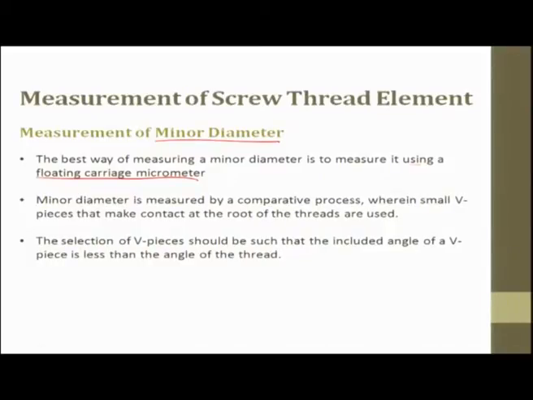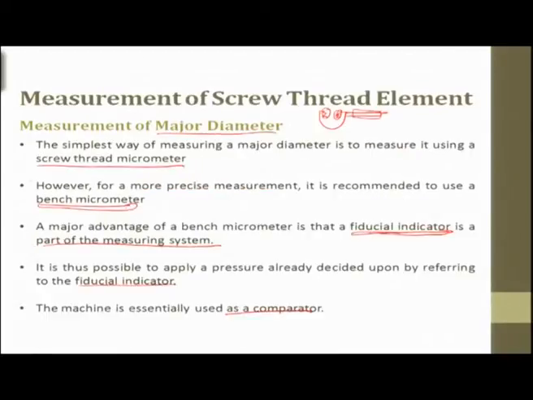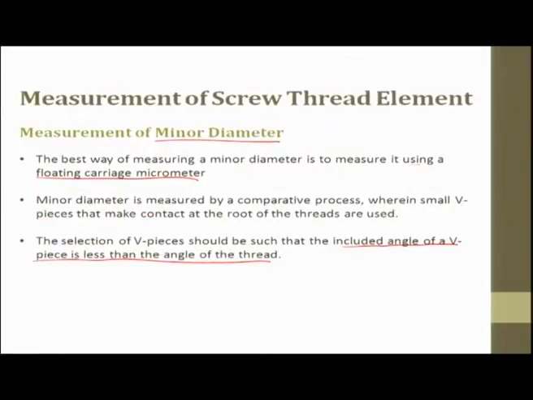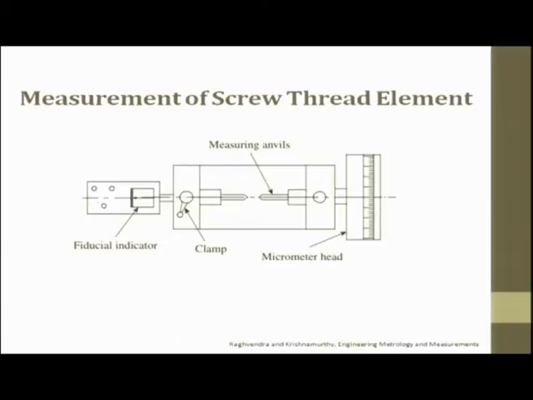The selection of the V piece should be such that the included angle of the V piece is less than the angle of the thread. So, major diameter and minor diameter can be measured by the floating carriage micrometer and the bench micrometer. These two are comparating devices. With this, you can measure the major and minor diameter.